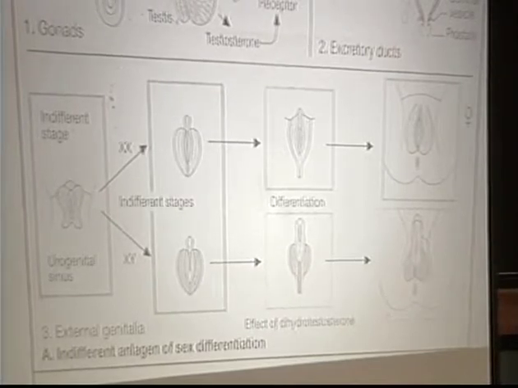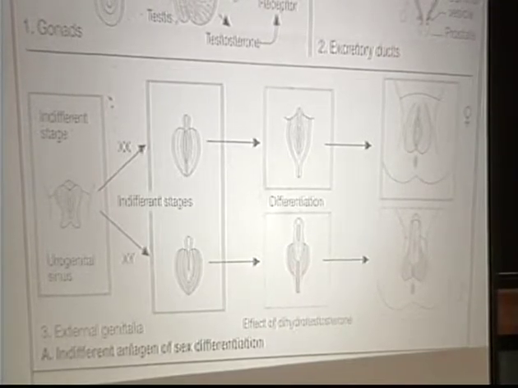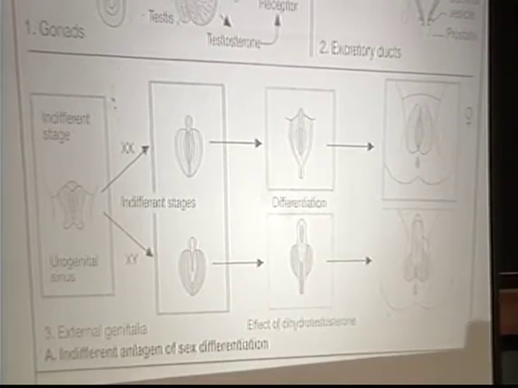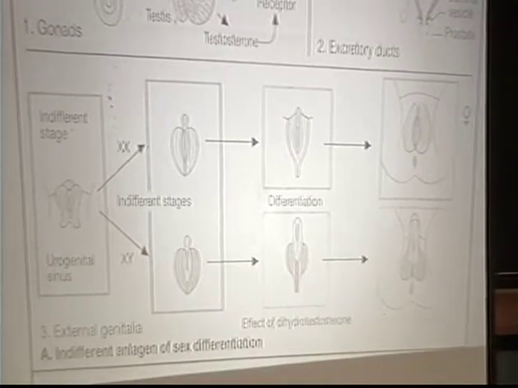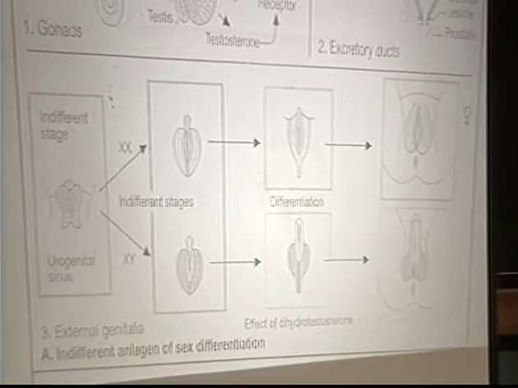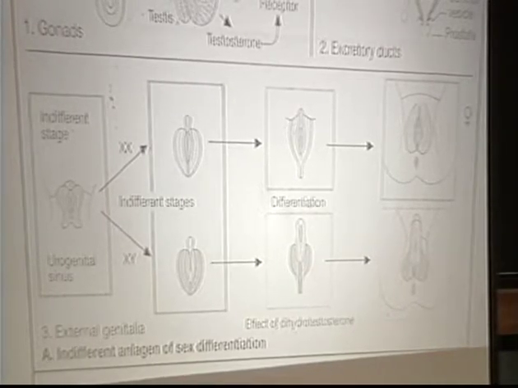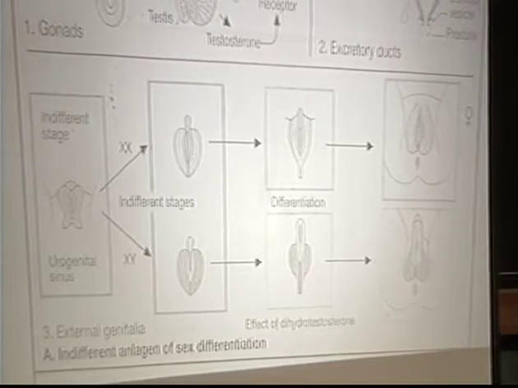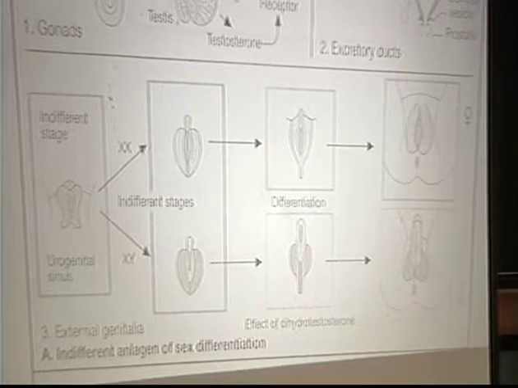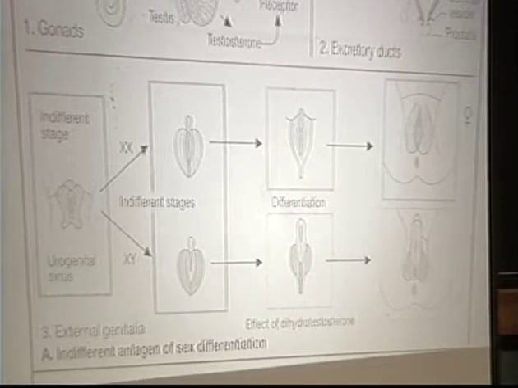Okay? Again, the fetus starts out pretty much indifferent. It's got what's called a urogenital sinus, which will eventually form the excretory opening. Okay? But you get two different things that are happening based on whether you have the presence of an ovary or testes. Okay?